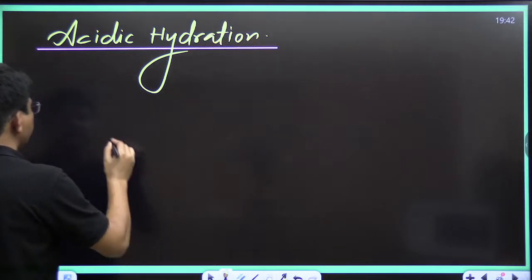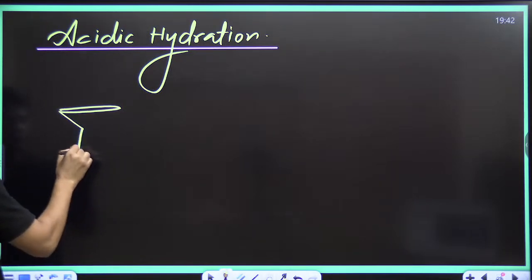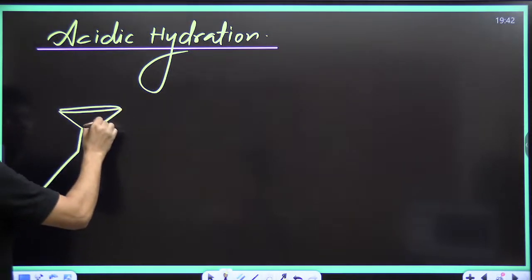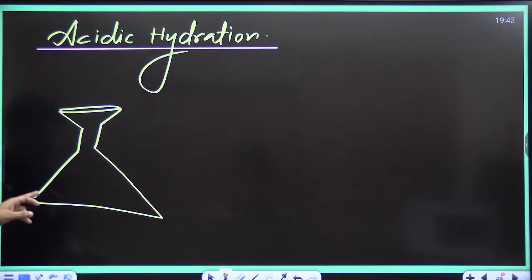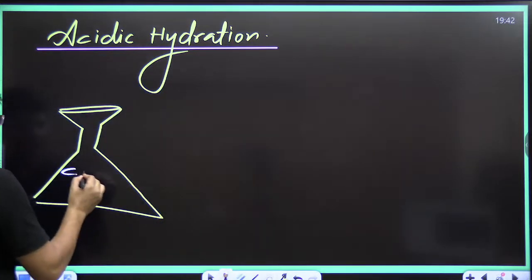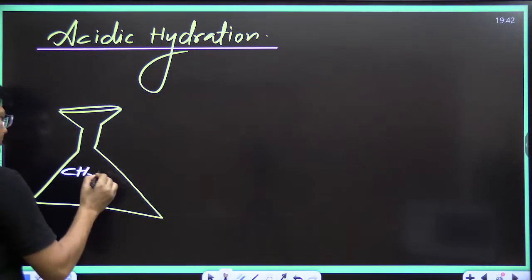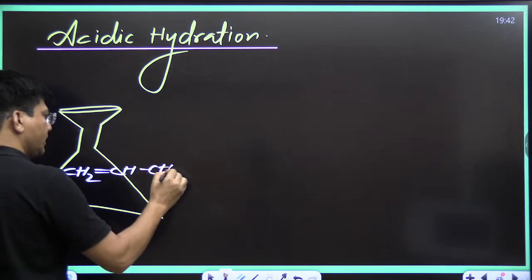Let me take one beaker of flask, and in this let me take one ethene or propene, whatever you want to say. Let us take propene, right?